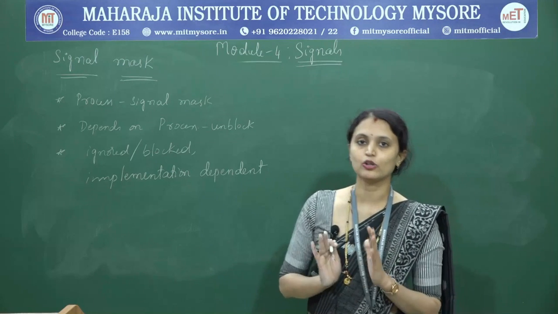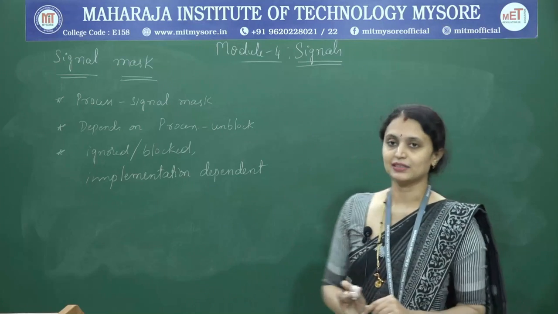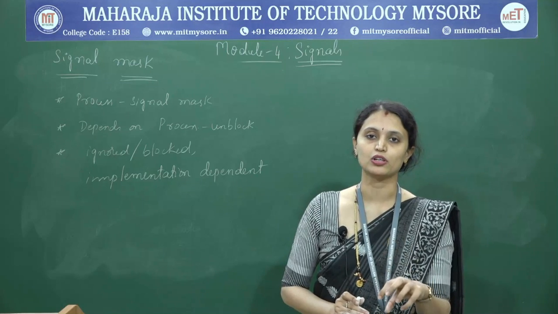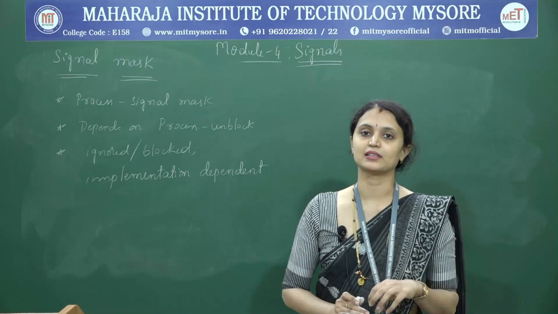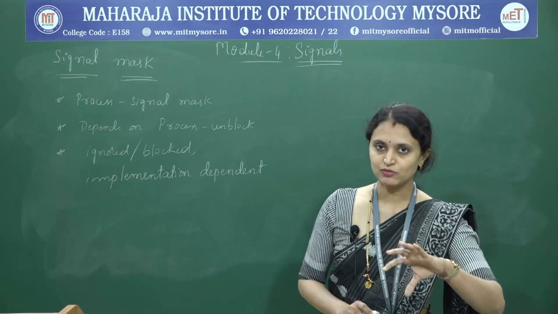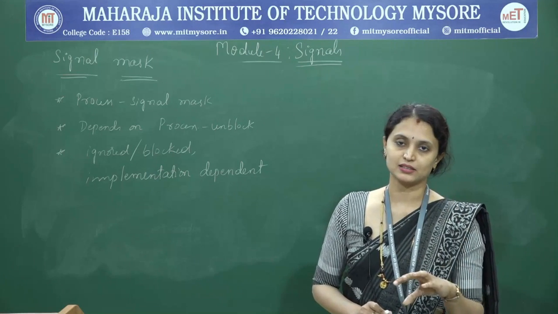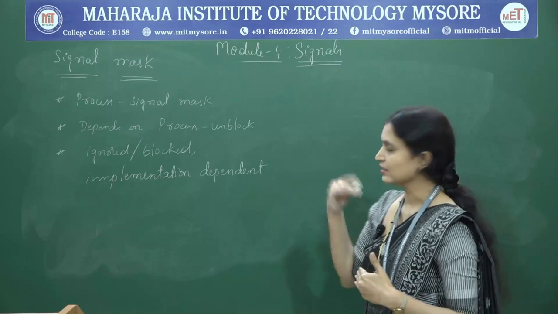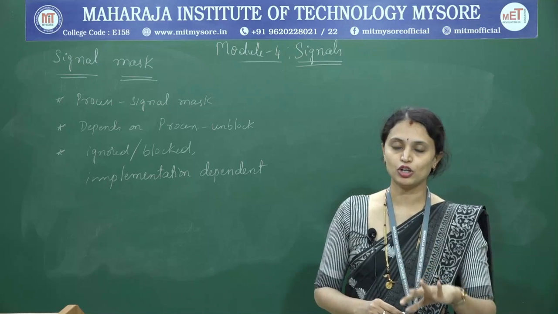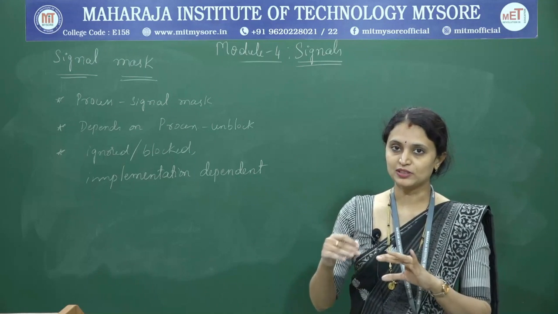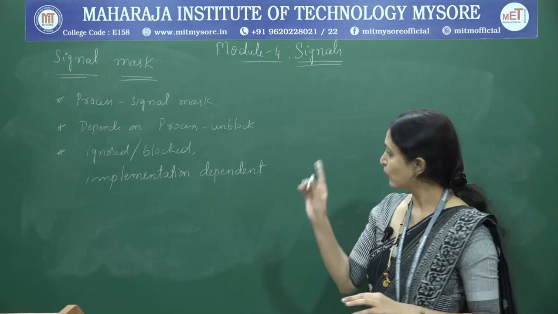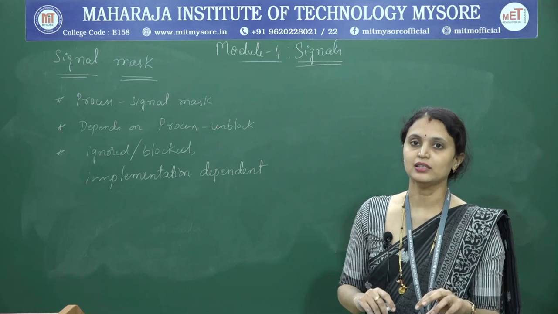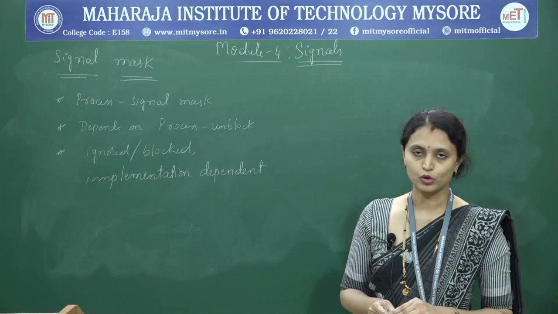I will repeat the concept once again. Signal mask means each process in the Unix system will have a set of signals that are blocked. So that is nothing but the signal mask. In other words, each process will have a signal mask, the list of the set of signals that are blocked. These signals will depend on the recipient process, so the process has to decide whether to unblock these signals and handle them accordingly.